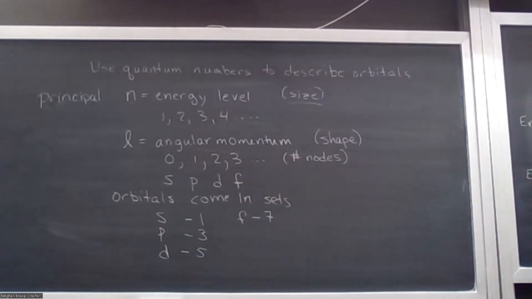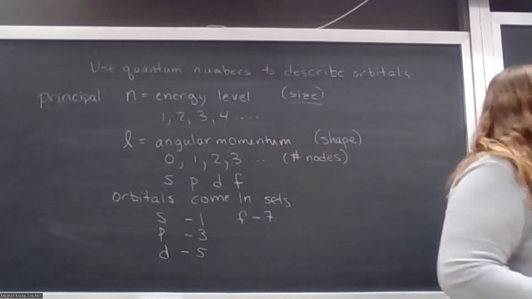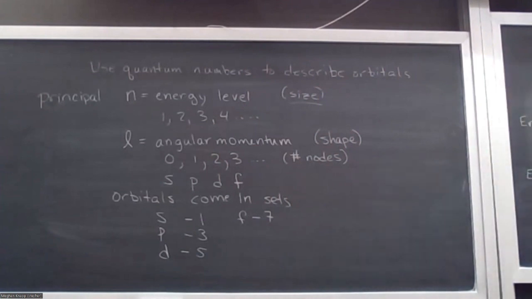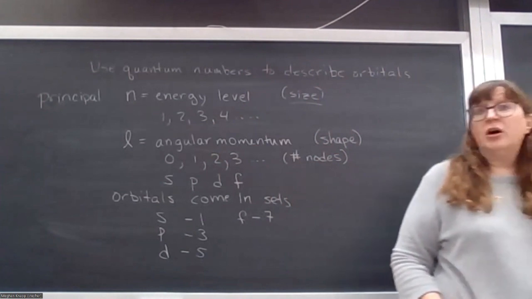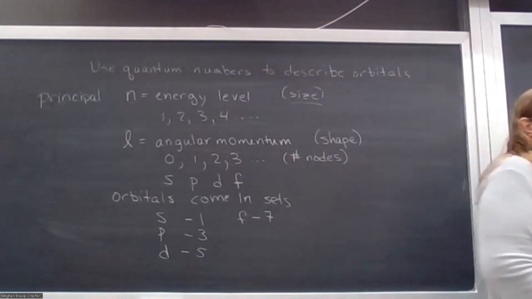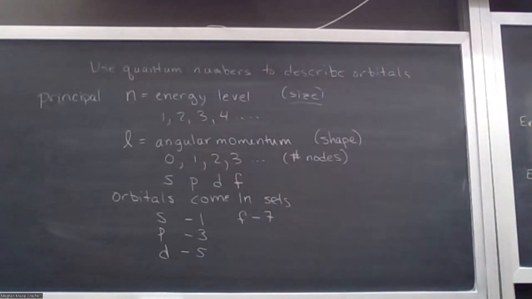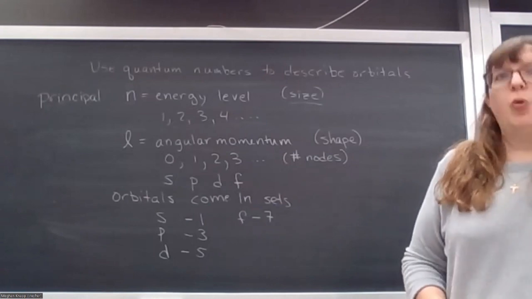So when we have these different orbitals in sets, these are my d orbitals. I'm not going to deal with them right now. But when we have them in sets, the reason we have 1, 3, and 5 has to do with the next quantum number, and that next quantum number is going to tell us the direction. So sometimes you will see for the p orbitals the labels pz, which is up and down, py, and px, just telling you which direction it is pointed.